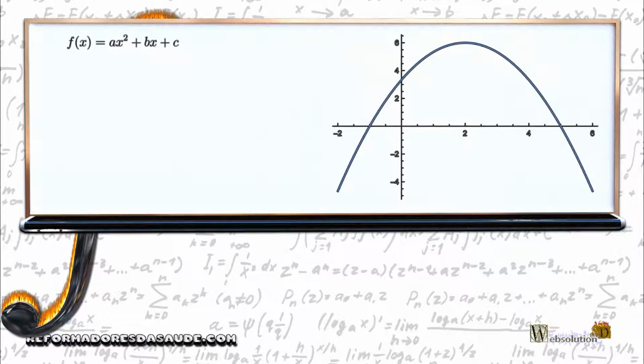The statement already gives us the point of the vertex, (2, 6). Let's draw the parabola with the vertex values. Point (2, 6), as the vertex point, is the center point of the parabola.